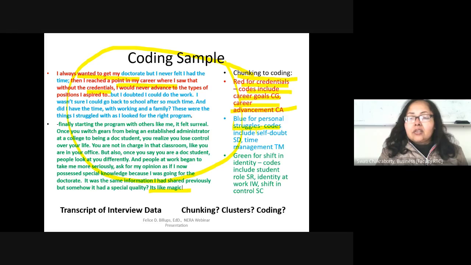The codes can include self doubt, SD, and time management is also coming, TM. The green is for shift in identity, from job administrator to doc student. The codes here could include student role, SR, identity at work, IW, or shift in control, SC. So see this chunking, clustering, coding, it's going on.